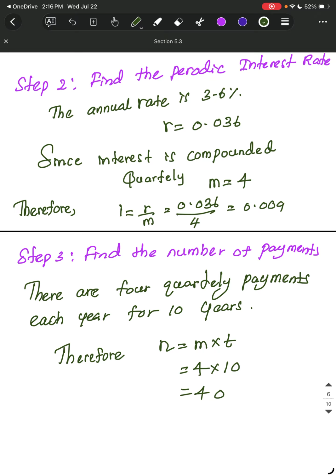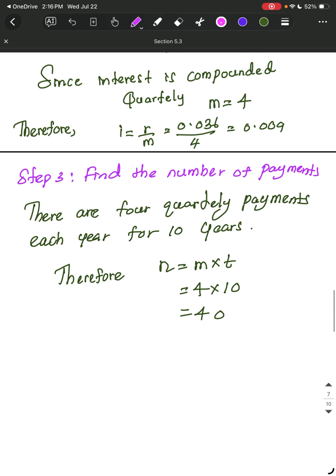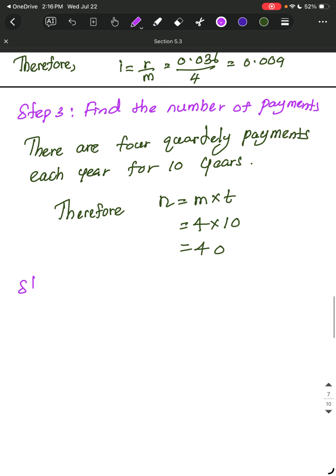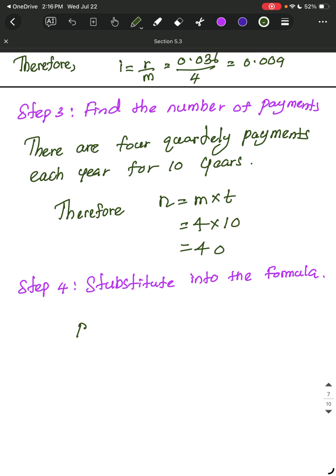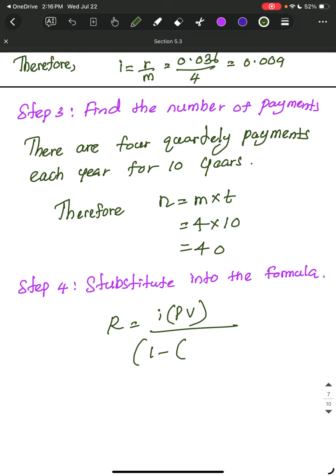Then let's substitute into the formula. Step 4, substitute into the formula. R equals i times PV over 1 minus (1 plus i) to the power negative n.